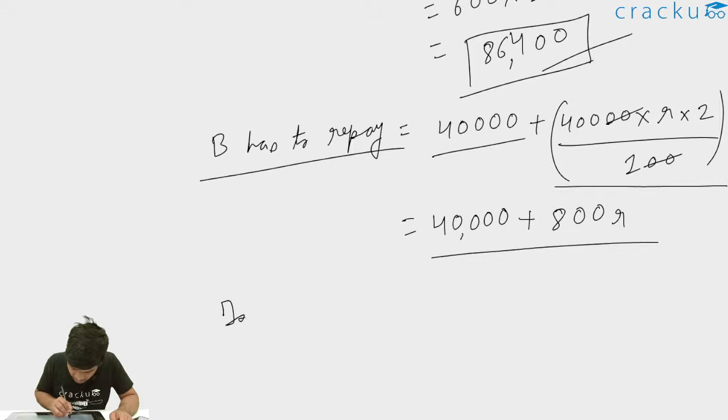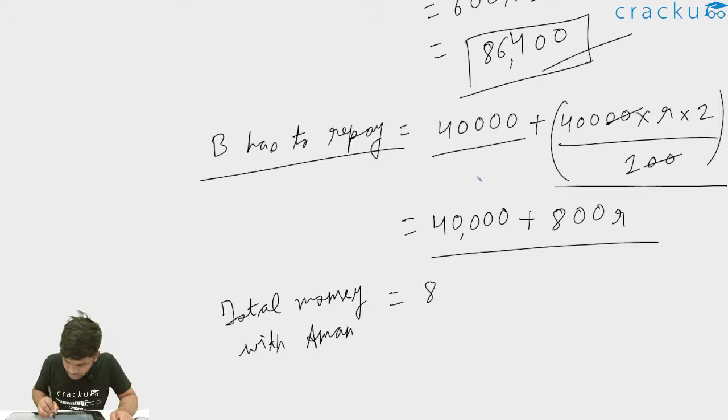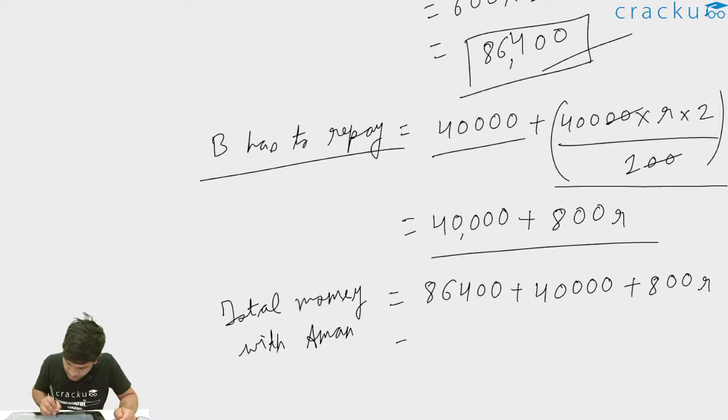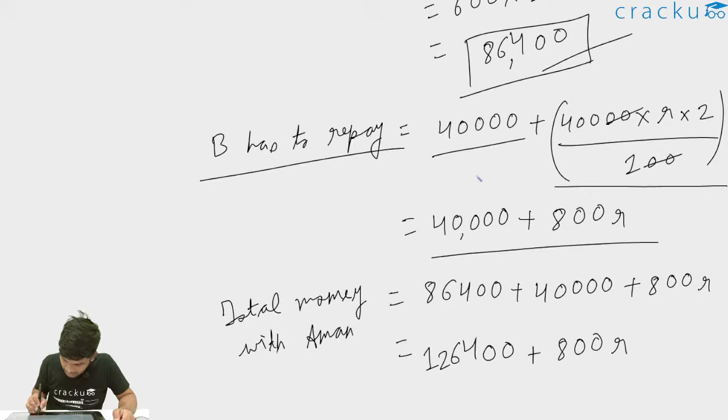So total money with Aman will be 86,400 plus 40,000 plus 800R. Now if you calculate it, you will get 1,26,400 plus 800R.